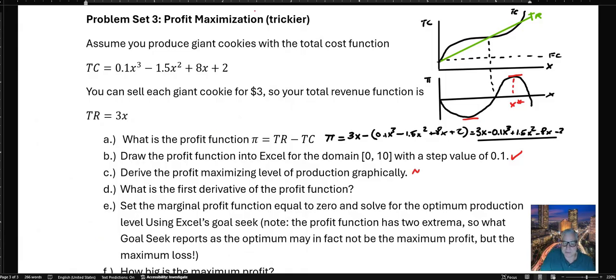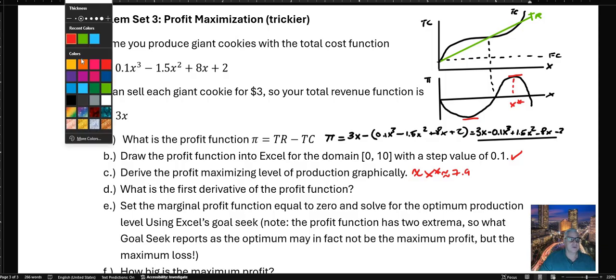So let's write it like this: the optimum x is around 7.9. And to be more accurate, whenever we think it's close to the optimum but it's not really the optimum, we take those wiggly lines instead of the straight ones. So it's around 7.9.